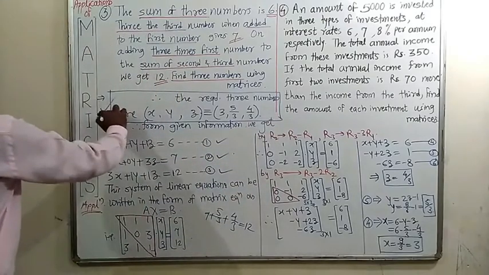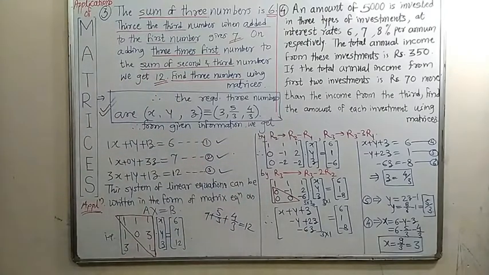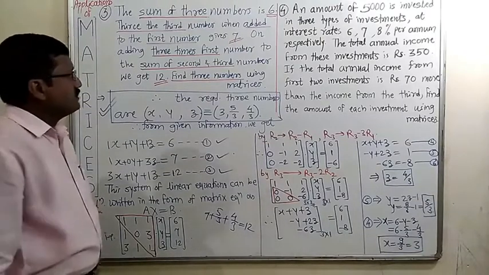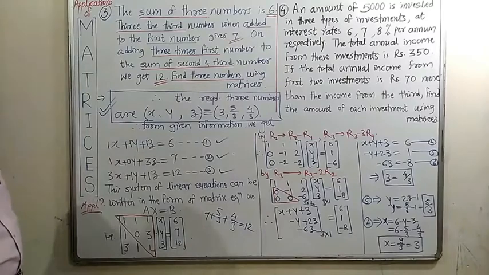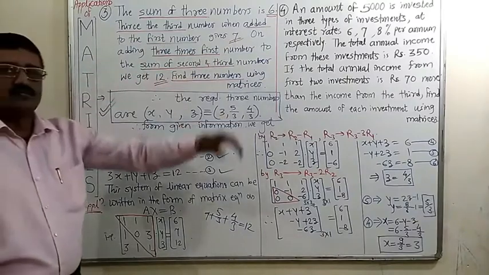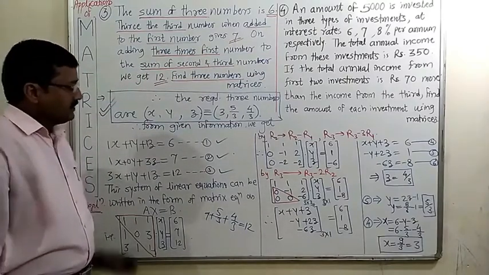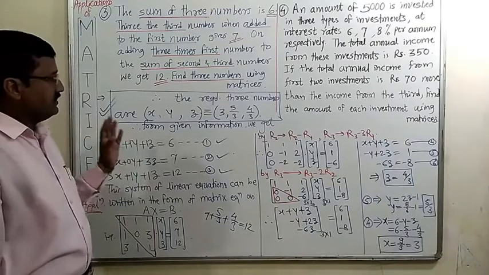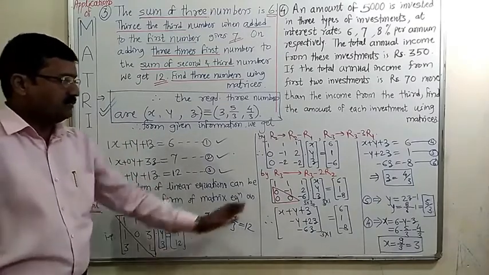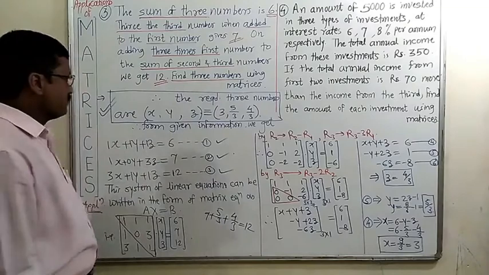So this is the answer of that question. Okay. So don't be afraid of these word problems. If you follow the method of reduction properly, then you will reach the correct answer.